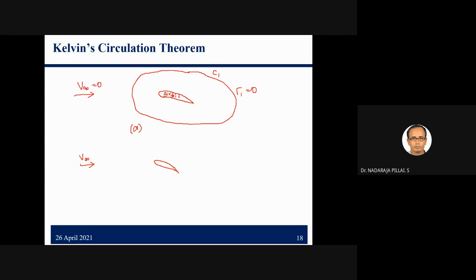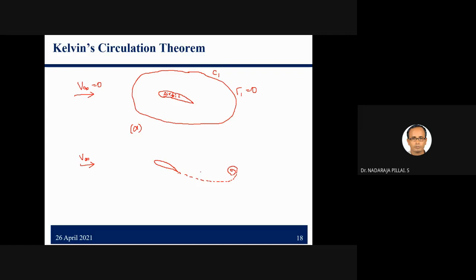So this vorticity region will be like this. What happens is this is formed and it gets flushed, and over a period of time, in the downstream, you can see this particular vortex.